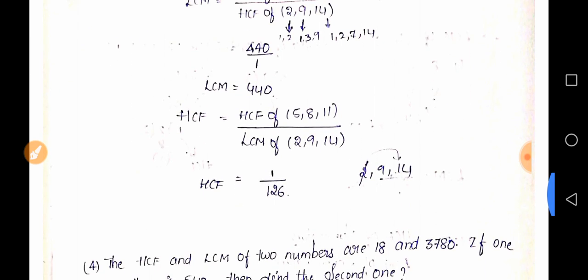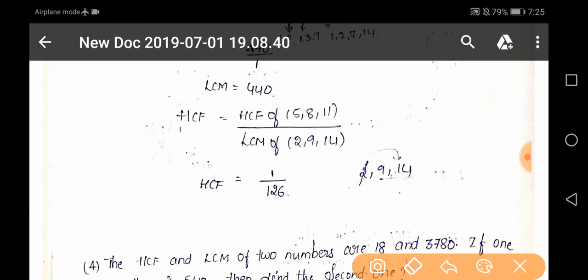And here, the HCF of 5, 8, 11 by the LCM of 2, 9, 14. Here see, HCF is the thing which should have a common factor, but in 5, 8, 11 nothing is common, just 1 is common, so you will take 1 as it is.